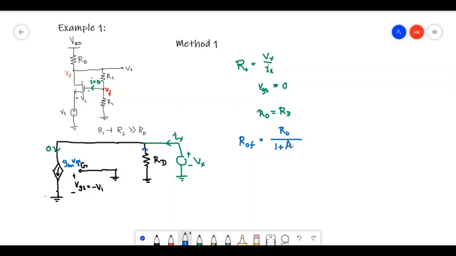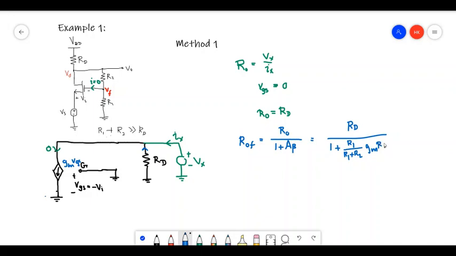We know what 1 plus A beta is, so using that this will be RD divided by 1 plus R1 over R1 plus R2 times GM RD.